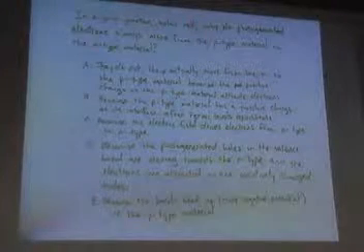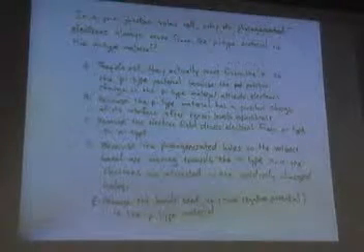Okay, so I'm going to use the board because this is full. Can you still read that okay? So if we have a p-type semiconductor, a semiconductor is often silicon, so we have a whole bunch of silicon atoms.